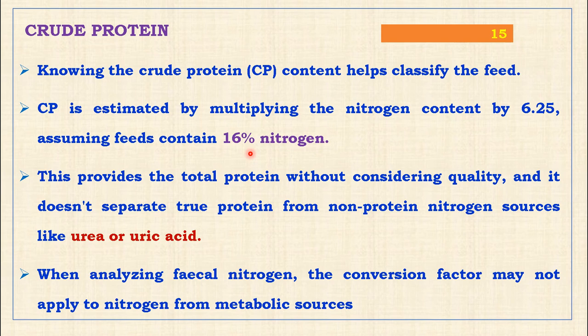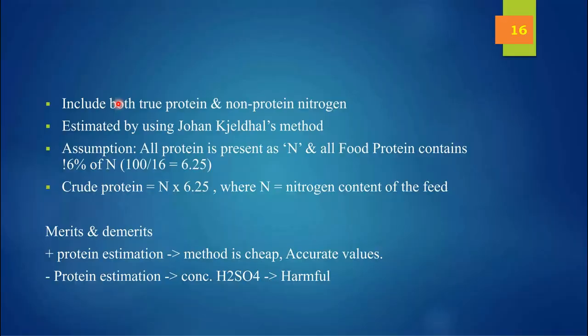So when analyzing fecal nitrogen, the conversion factor may not apply to nitrogen from the metabolic source. So these points we need to understand while we are calculating the CP or crude protein.